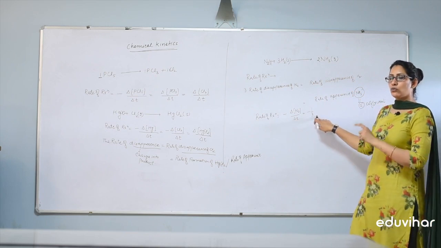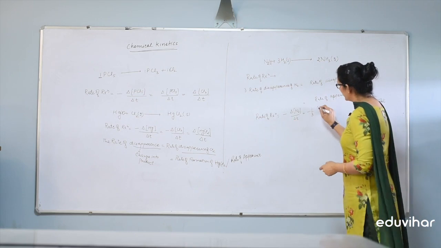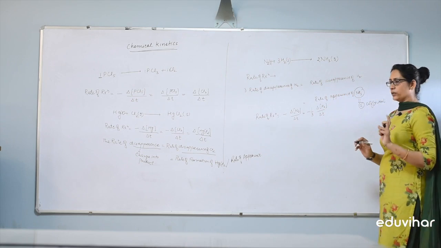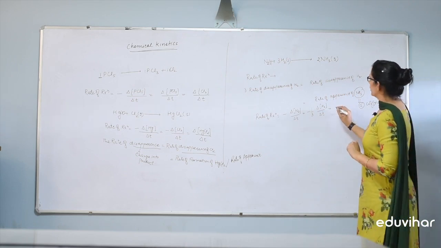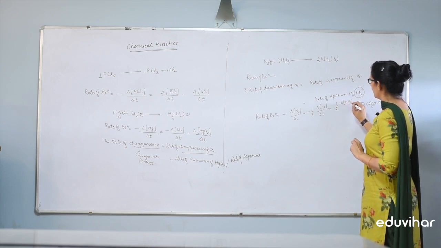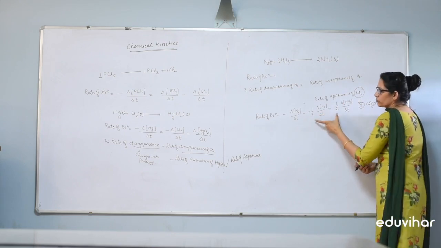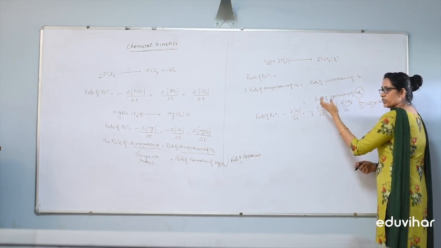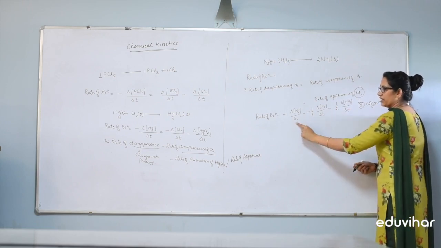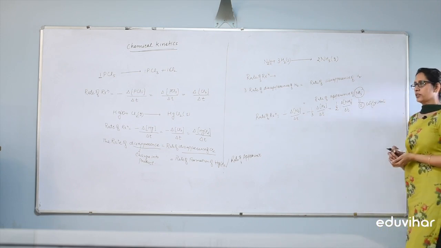I am putting minus 1 by 3 to make the rate of disappearance of nitrogen and the rate of disappearance of hydrogen equal. I think you get the point. That is equal to 1 by 2 change in concentration of ammonia with respect to time. I am dividing by the stoichiometric coefficient to make the rate of reaction equal in terms of reactant as well as in product. I think you get the point.